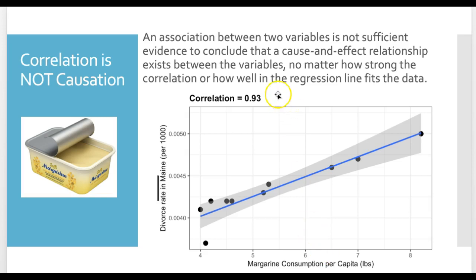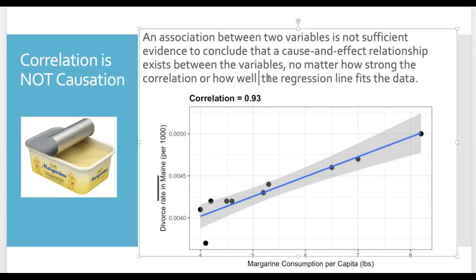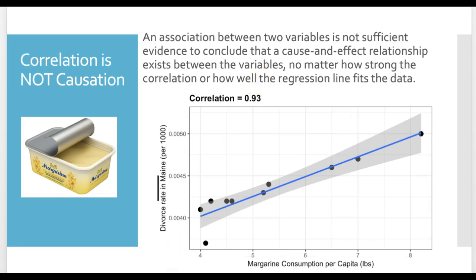But remember, an association between two variables is not sufficient evidence to conclude that a cause and effect relationship exists between the variables, no matter how strong the correlation or how well the regression line fits the data.